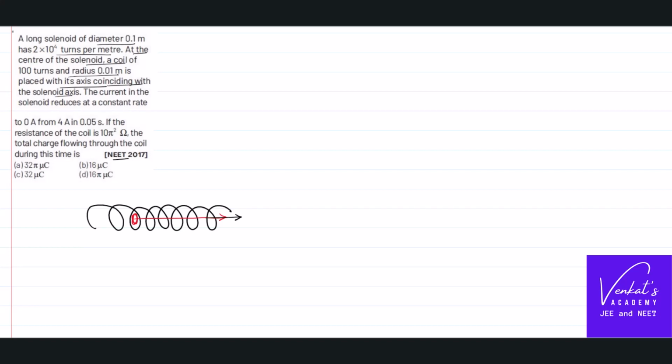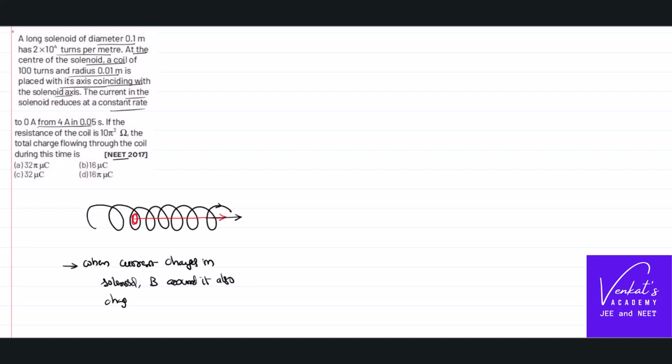Then the current in the solenoid is reduced from 0 to 4 amperes. So he has changed the current in this solenoid. So what happens when the current changes in that solenoid? The magnetic field around it also changes.